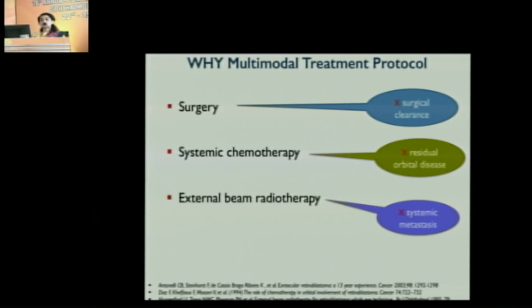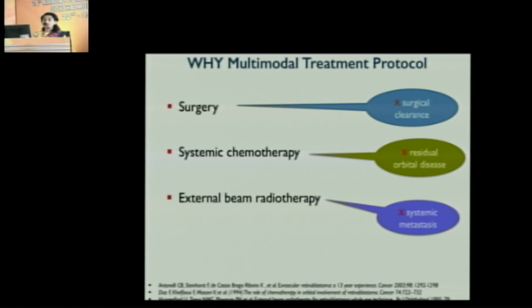So why a multimodal treatment protocol? As I told you, our concerns. Surgery alone, enucleating or exenterating alone, will not give you a complete surgical clearance. There can be microscopic surgical residual in the orbit. Systemic chemotherapy, yes, it treats the child systemically, but the residual orbital disease may not be taken care of.